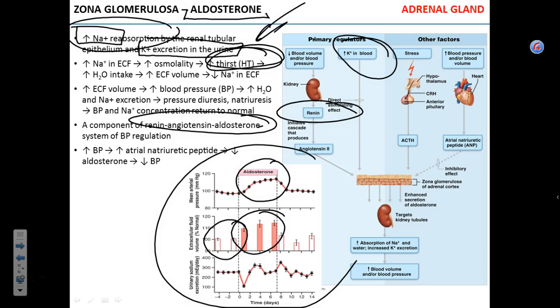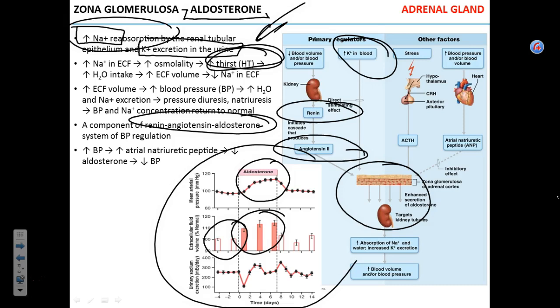Renin activates angiotensin, which is produced in the liver. And angiotensin finally activates aldosterone, which is produced in the adrenal cortex. Does that make sense? So far, do you understand the whole idea?